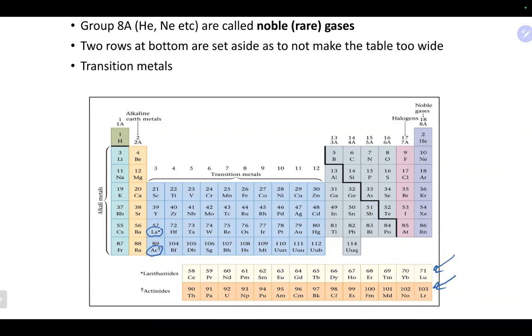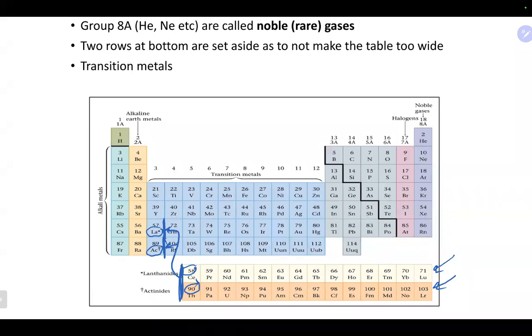If you look at the numbering, it goes 56, 57, then 72. It goes 56, 57, there's 58, so that row actually goes right there. If you follow the numbering below it, it goes 89, then 104, and 90 is right there. This one goes here. So technically speaking, these two rows go right into this spot on the periodic table.